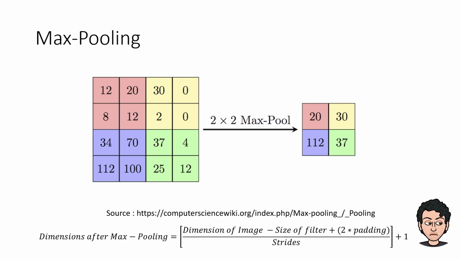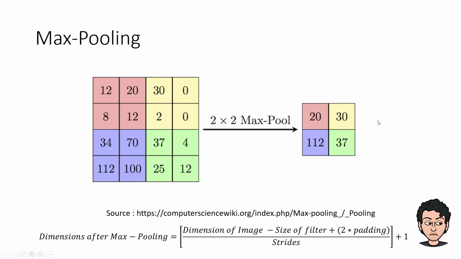All right, so what max pooling does is it takes a matrix and extracts the greatest values. If you see in this image, this 4x4 image, this 2x2 matrix is going to move and pick the highest numbers. From the red it is picking 20. I'm using strides equal to 2.